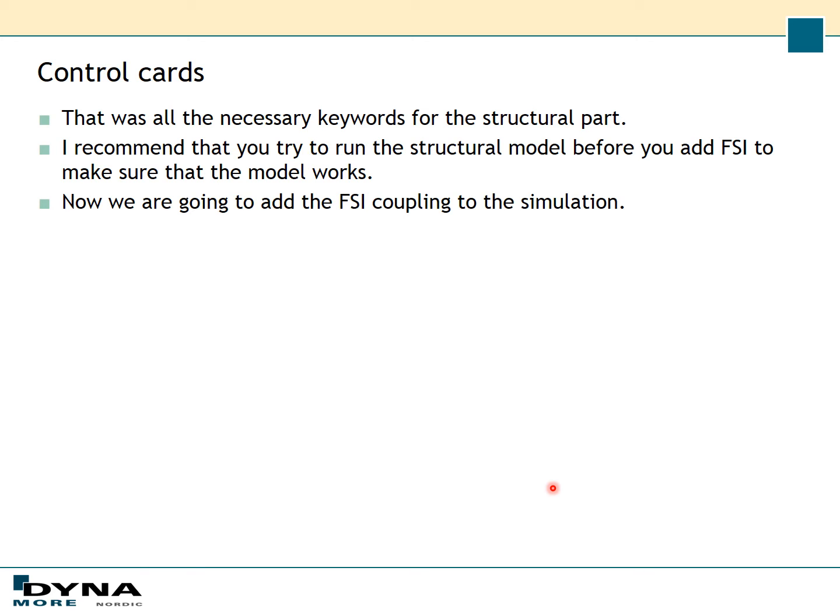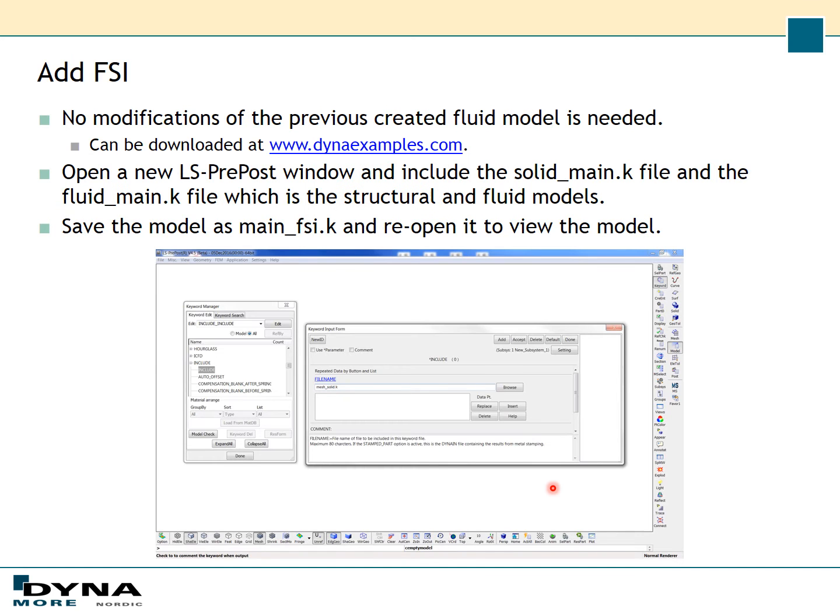So now we're going to define the FSI coupling, and we don't need to change anything in the fluid model. So open LS-PrePost and include the structural main file, in my case solid_main.k, and the fluid_main.k, which is the main file for the CFD simulation.